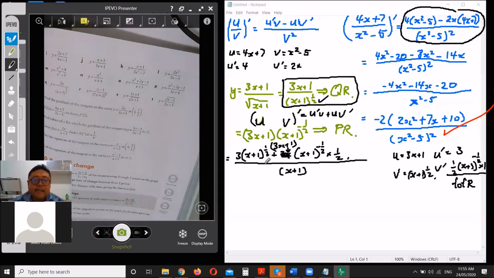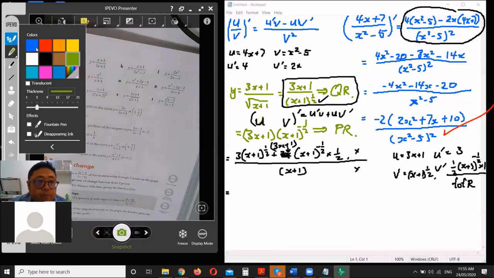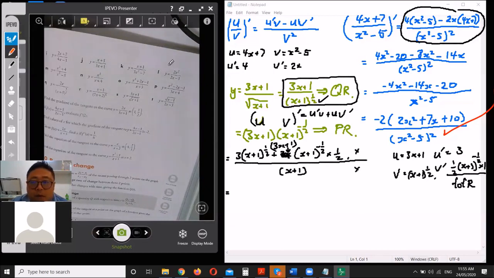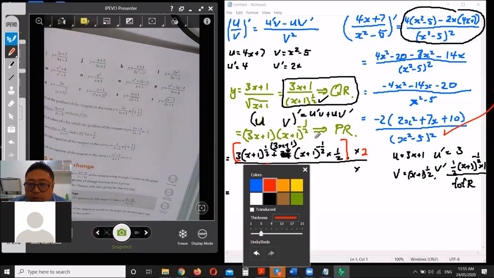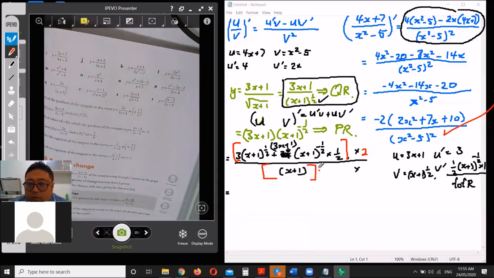I tried expanding it, but I don't really know if I did that right. Okay, here's what we do. We're going to multiply both top and bottom by 2 outside of x plus 1 to the power of a half.